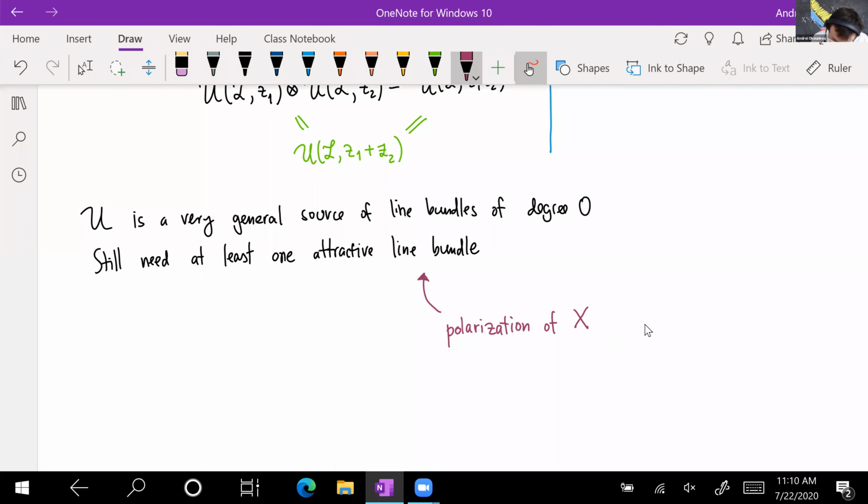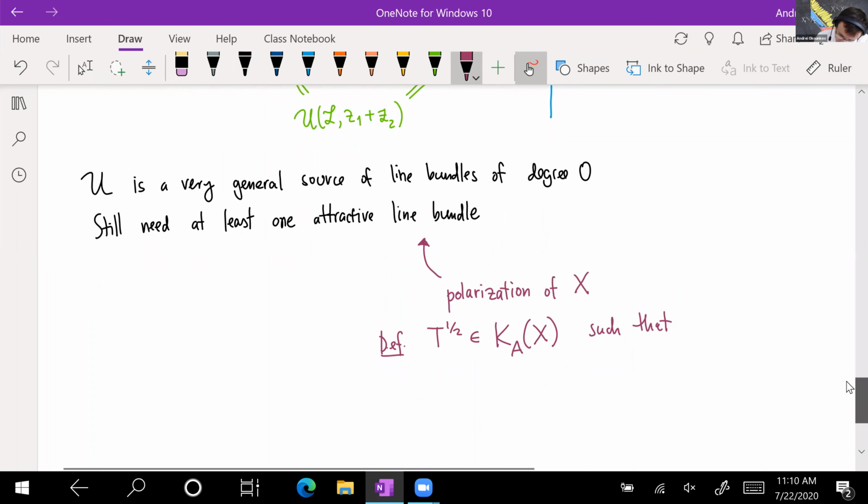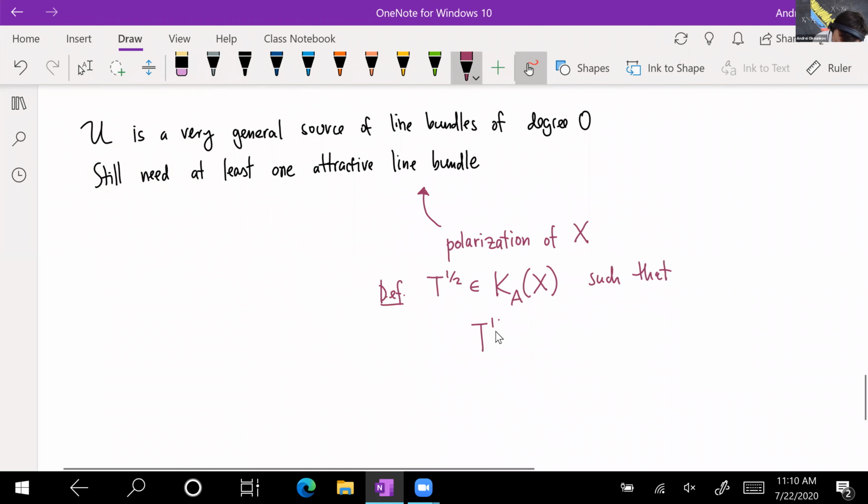By definition, it's a class in K theory, and since we're only interested in degrees in A, we can think of it as a class in covariant K theory of X, such that if I take that class plus the dual of that, then I'm going to get the tangent.